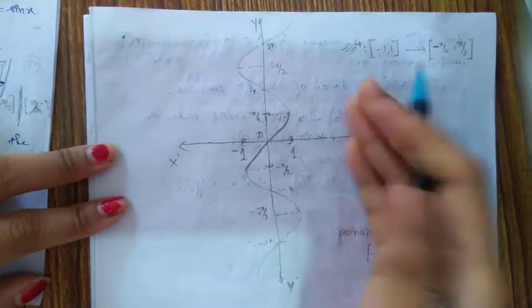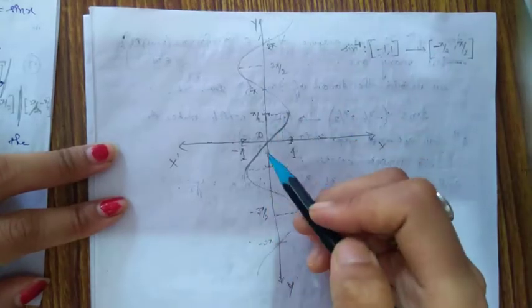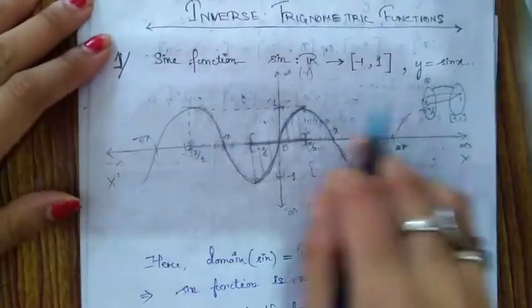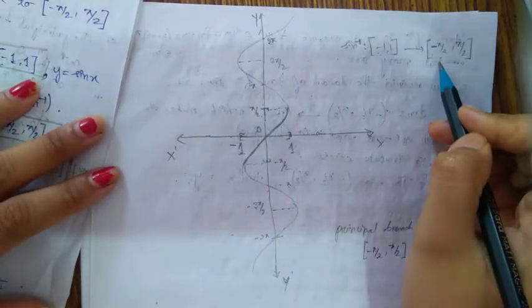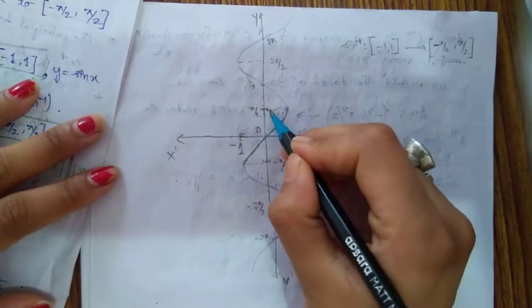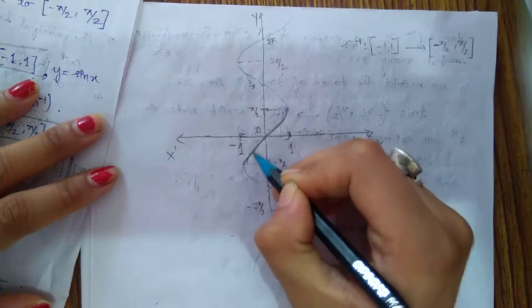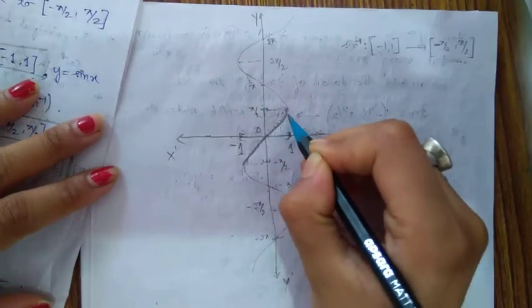We just rotate this graph by 90 degrees, so we get this range, minus pi by 2 to pi by 2. So this is your minus pi by 2 to pi by 2. Here the function is both one-one and onto.